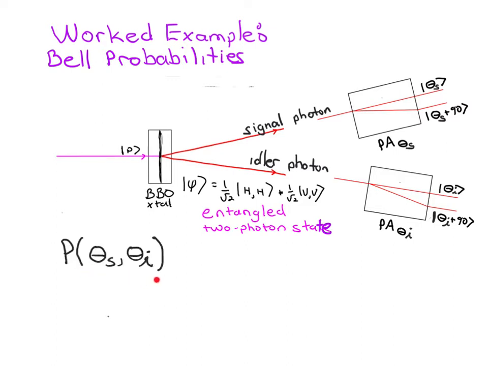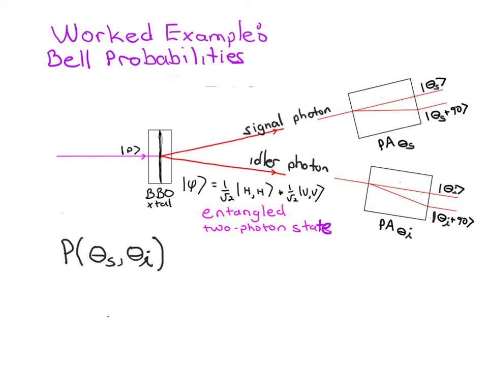The particular probability that I want to calculate is a type of joint probability. I want to calculate, for a pair of photons that's in this entangled two-photon state here, what's the probability that when I make measurements, the signal photon will come out of this theta sub s port, and the idler photon will come out of the theta sub I port?